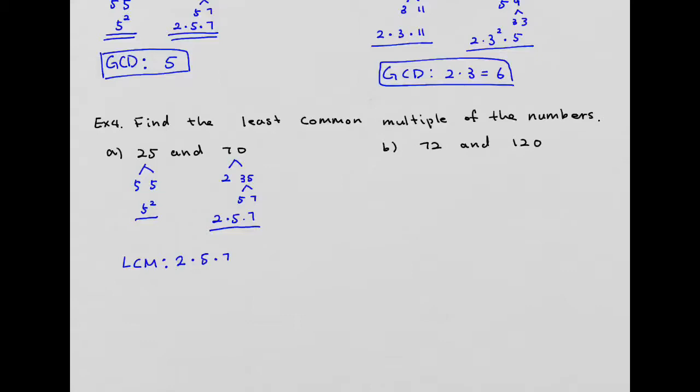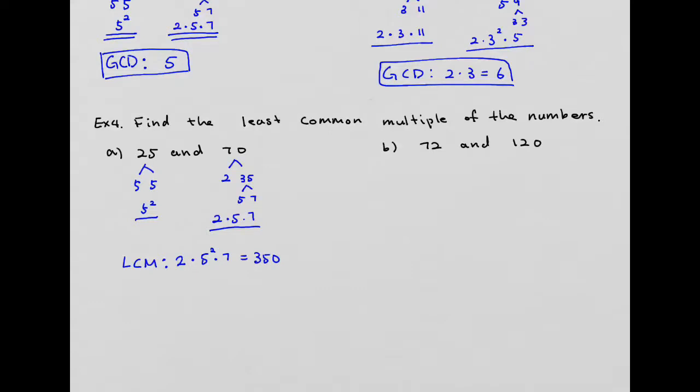Don't forget, for the greatest common divisor you only use the common values with the smaller exponents, but for the least common multiple, you use all the primes and the one with the higher exponent. So this is going to be squared. The least common multiple of these two numbers is 2 times 5 squared times 7, which is going to be 350.